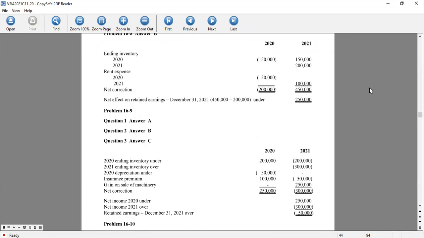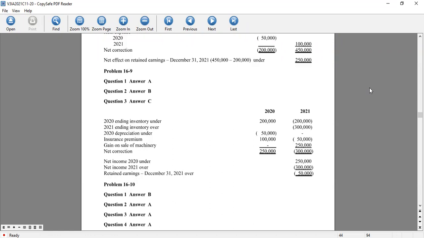Then in 2021 net income, what's the effect of the errors? In number two, in 2021, the answer is B, 300,000 overstated, so we have to deduct. And finally, in number three, what's the final effect on retained earnings on December 31, 2021? So that's now letter C, for 50,000.